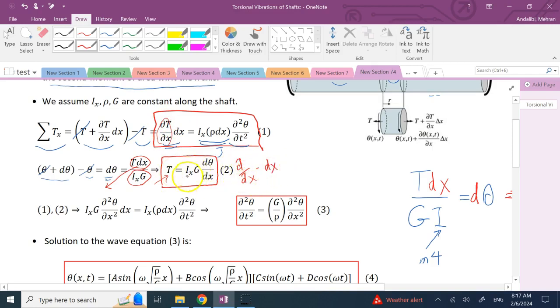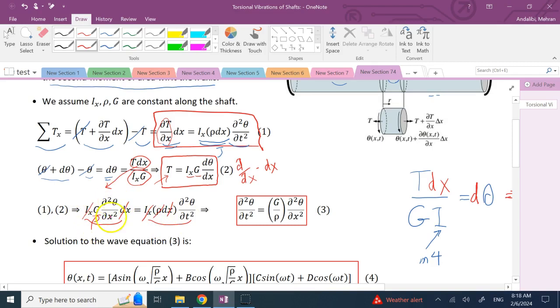If you do that, this here becomes I_x G. This is already the first derivative of theta. When you take another derivative, it becomes the second derivative of theta with respect to x times dx, which is this one. And then we set it equal to the right-hand side of equation 1, which is this. Then we get rid of I_x, we get rid of dx, and we divide both sides by rho.